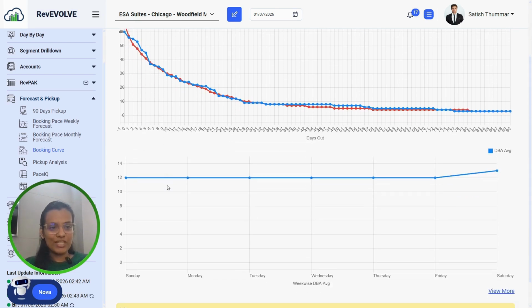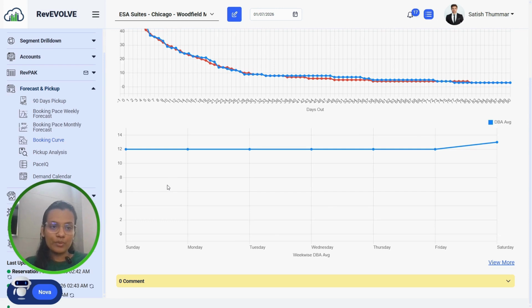Also, the second graph over here is the 90-day day-of-week average, showing us how demand is typically distributed across the days of the week. So you can see from Sunday to Saturday, the seven-day averages for the past 90 days. It gives us a baseline to distinguish between normal weekday behavior and true demand shift.